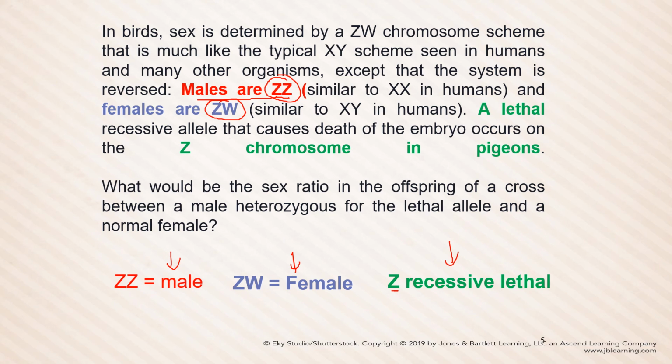So they're asking you, what is the sex ratio of the offspring when you cross a male heterozygous for the lethal allele and a normal female? That is fundamental. That last part, you have to set up this cross based on this male heterozygous for the lethal allele and a normal female.